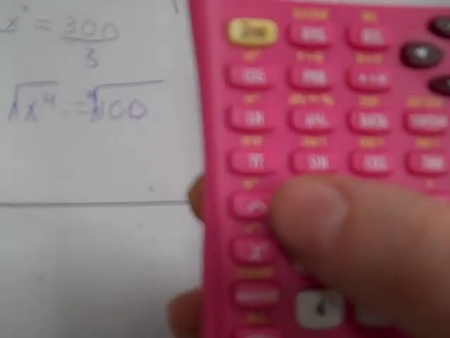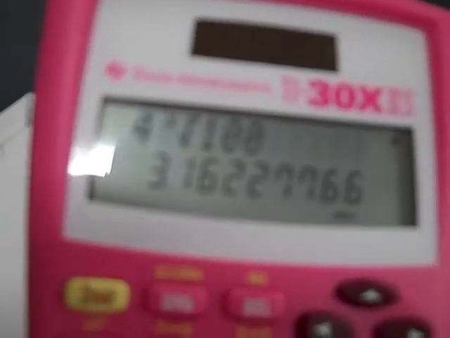And remember to put the correct number in the index, because just a square root is not going to do the job. So I go 4, and then second, and then the upside down V button. So that tells me I want a 4th root instead of a square root of 100. And I get 3.16, and then the other solution would be negative.